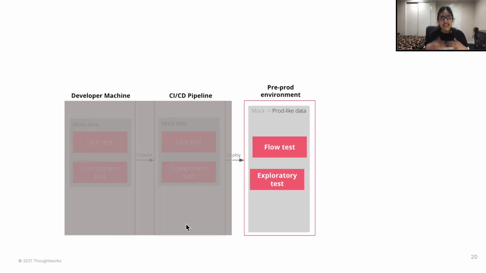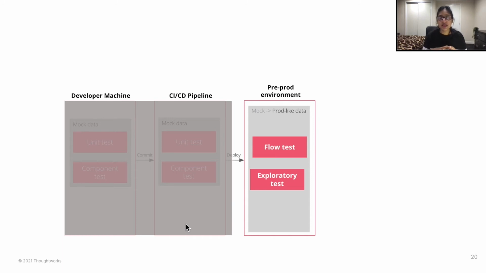Now, let's move further. Once your data goes to the pre-prod environment, there are two types of tests which are important. One is your flow test. In the flow test, you test a data product in its entirety, including its orchestration or choreography. For batch processing, you can use your workflow tools and cluster to execute the entire workflow.